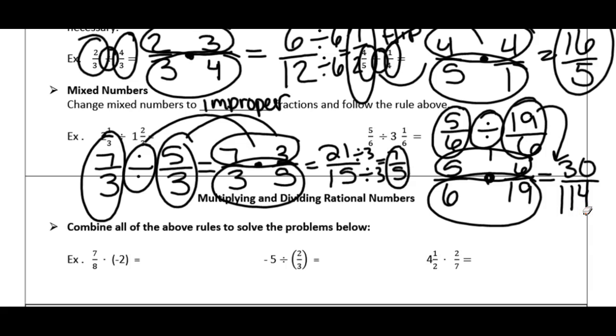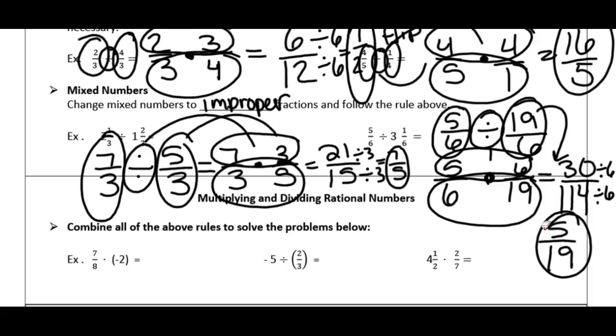What goes into both of those? 2 could go into both of them. 3 or 6 actually will go into both. I'm going to divide them both by 6. And again, if you don't see the 6, you just see the 2, you do the 2. And then later on, you'll have to reduce again with 3. So if you see the one number, or it takes twice, that's fine. So it ends up being 5/19.